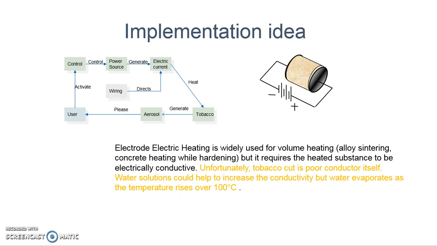Fortunately, tobacco cut is wet, so it's not a completely dry mixture of leaves. Fortunately, it has some syrup inside that is kind of salty. So altogether it means that it could be electrically conductive. So if you pass electric current directly through tobacco cut, it's going to heat itself. Again, heating itself sounds very close to the ideal final result concept.